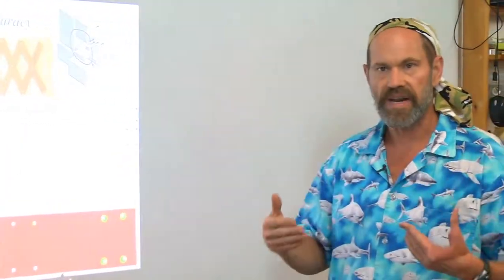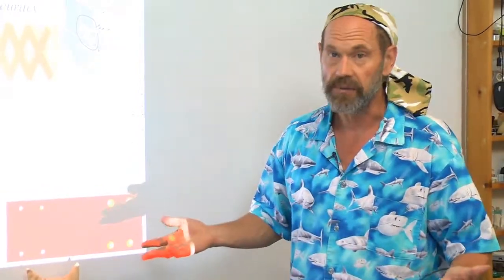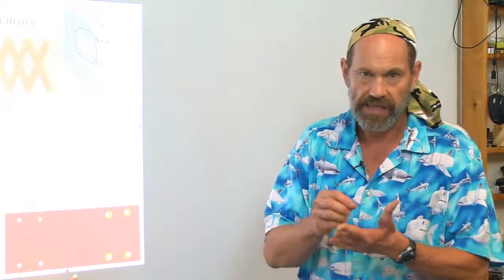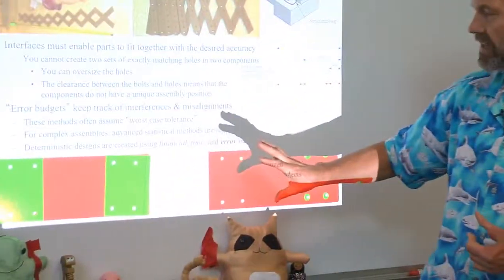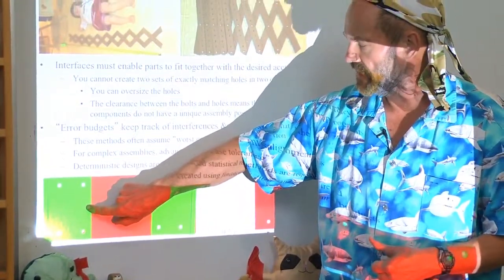This is part of the error analysis of a system, or tolerance analysis, that we must do as machine designers or designers of any type, where parts are put together. You have to look at every dimension where they're required to interface, and if each of those dimensions is off by a little bit, is there still a geometric condition where they will come together and even be able to have all the fasteners engage, such as here, and allow you to be aligned, such as shown over here on my right.